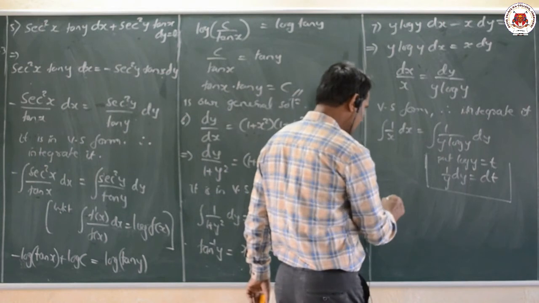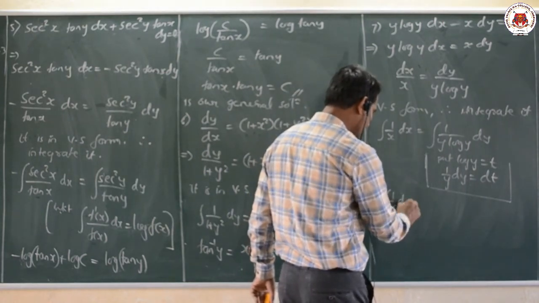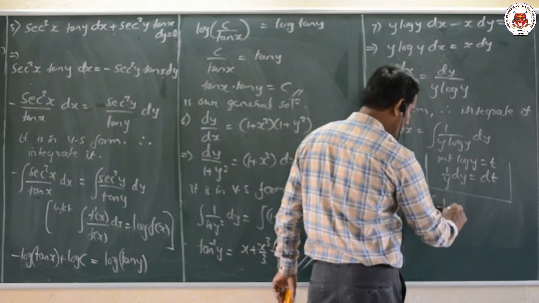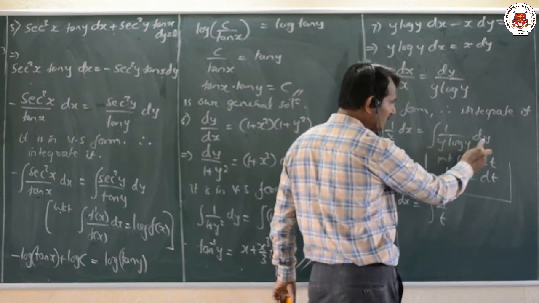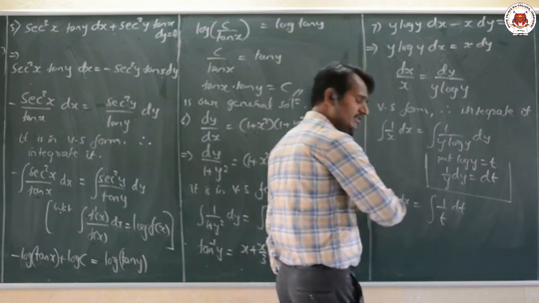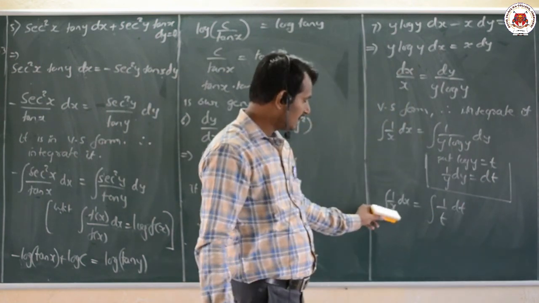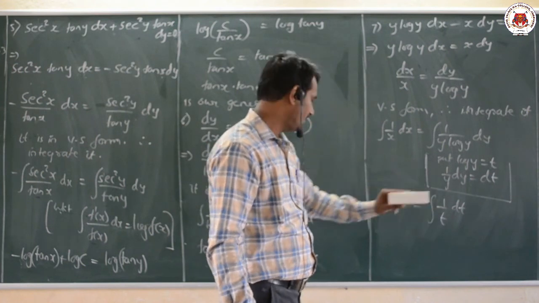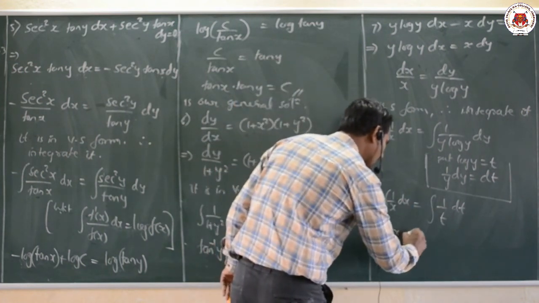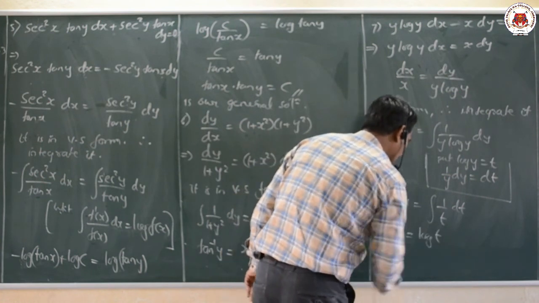That means we get 1 by x dx equal to, log y is nothing but t, 1 divided by t, and 1 by y dy is nothing but dt. Now integrate both sides, with respect to x and with respect to t. 1 by x integration is log x. Dear students, very simple: log x equal to log t.